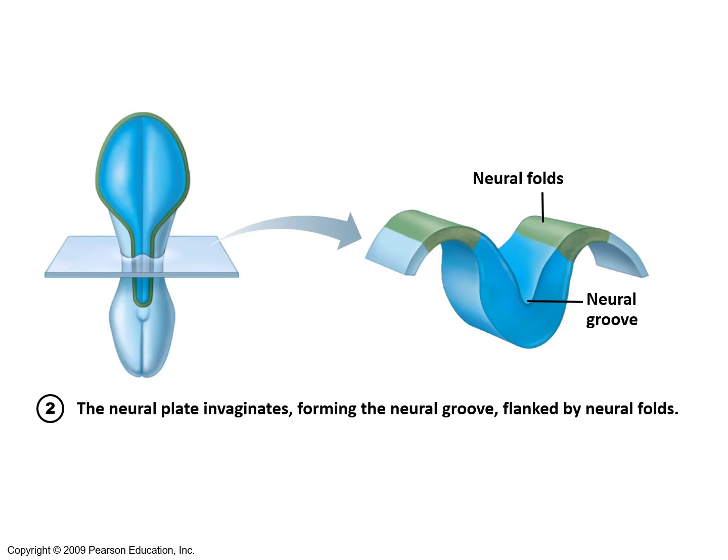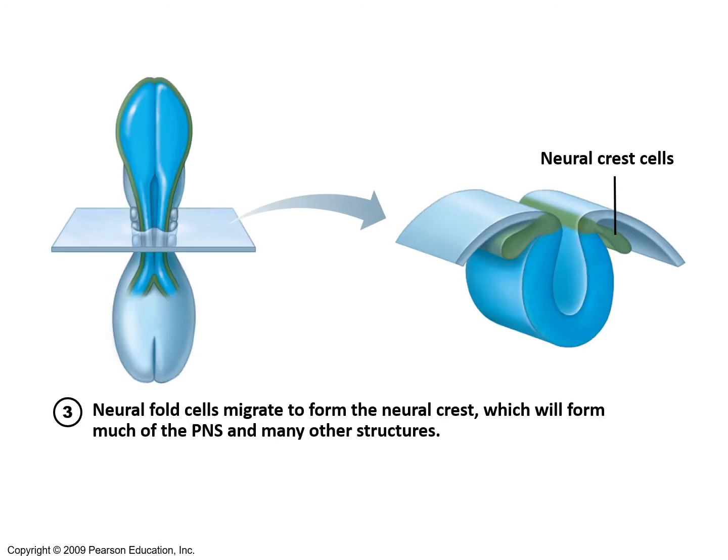The neural plate is invaginating further and we get more development of these neural folds or neural crests. The neural tube forms first in the middle. It takes longer to form towards the caudal and cranial portions of the embryo. So we get the tube first closing off in the middle, about the area where we see this cross section.